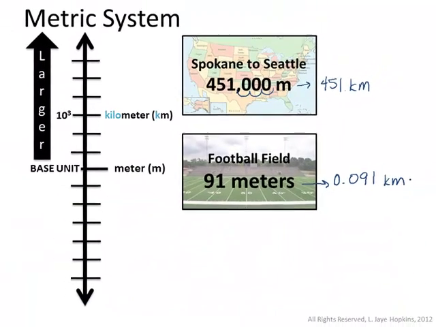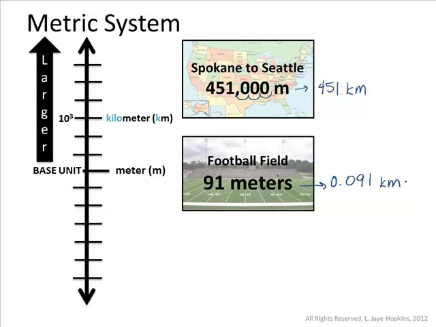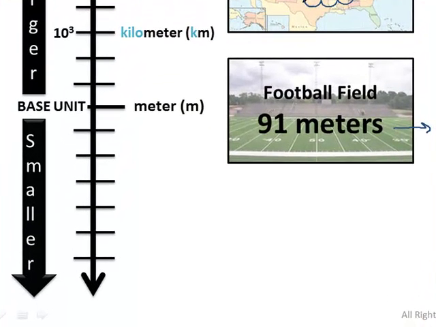Now, while there are many units that are larger than the base unit in the metric system, there are also units that are smaller. Very commonly in science these days, we're working with smaller and smaller quantities and smaller units. So you're likely to run into more of the units that are smaller than the base unit. Let's look at just one to start out.